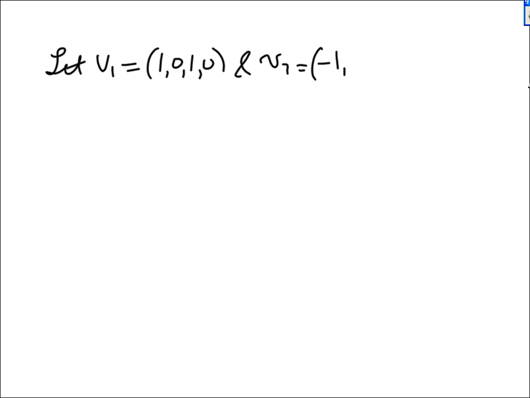Okay, so let's try a numerical example. Let V1 equal 1, 0, 1, 0, and V2 equal negative 1, 1, negative 1, 0. And they're linearly independent.